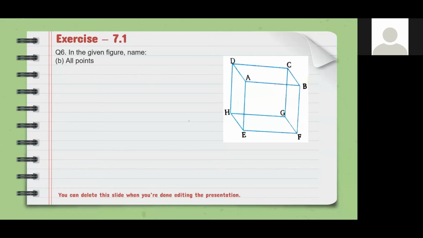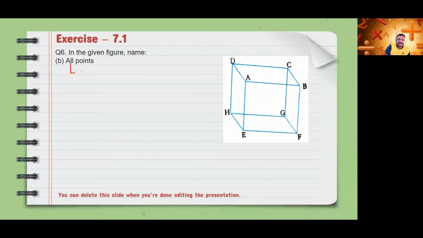In the given figure, name all points. All points are A, B, C, D, E, F, G, and H. So how many points are there? First tell me. Total points. Sir, 8 points are there. Correct.